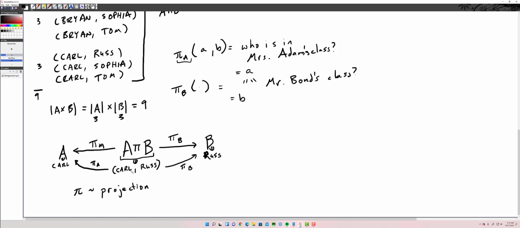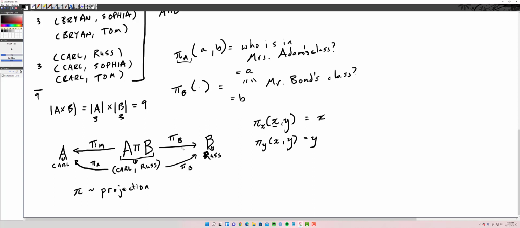It's projecting from this pair the element that came from A, and from this pair the element that came from B. Similarly, in the case of Cartesian coordinates, you could have a projection pi x that gives you this value, and another projection, pi y, that gives you the y value.